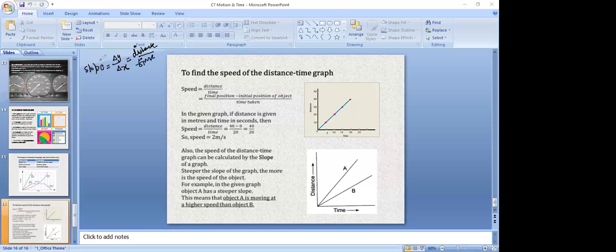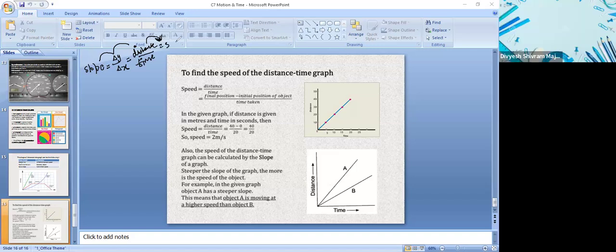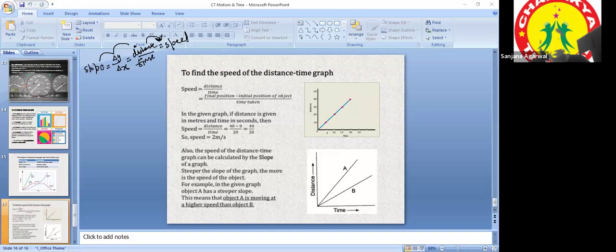As per the formula of slope and combining this with the graphical representation, can you tell me what distance upon time is like? We have known this formula. Distance upon time is a formula for my speed. So, in very simple terms, we can say that the slope of a distance-time graph gives us speed.